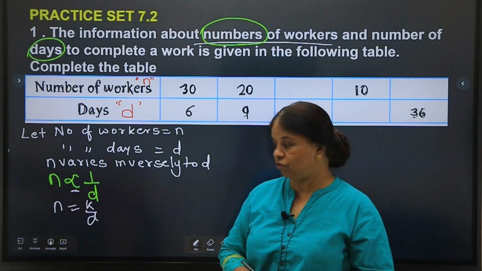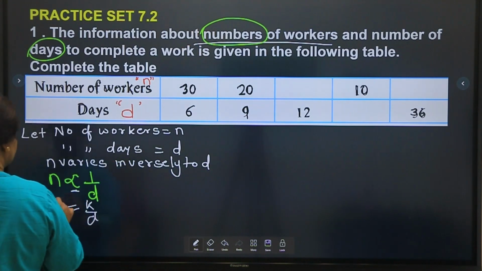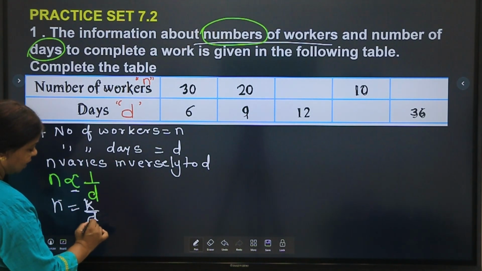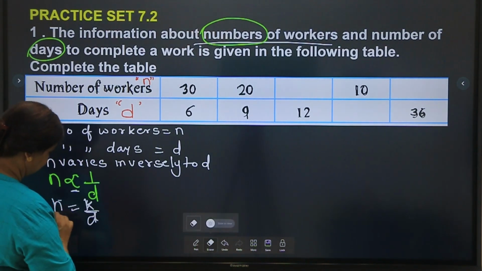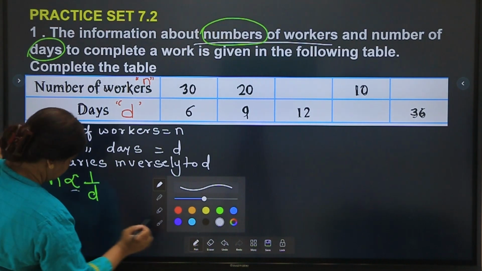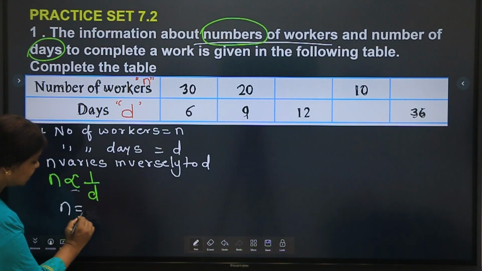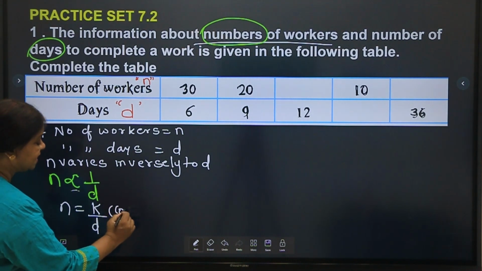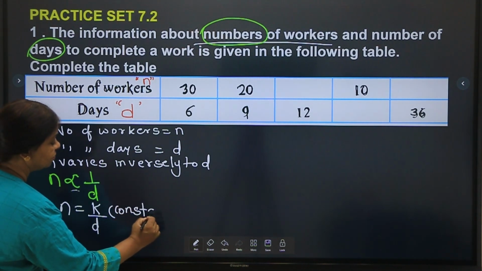K is the constant of variation. So we can write n is equal to K upon d, where K is the constant of variation.